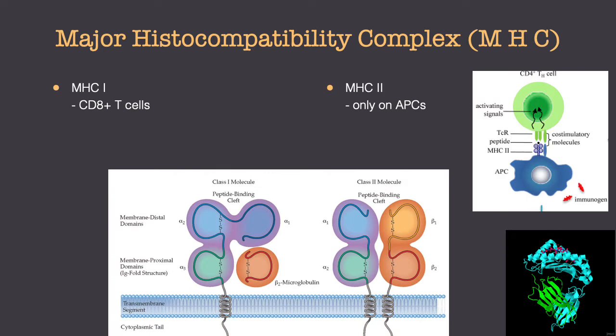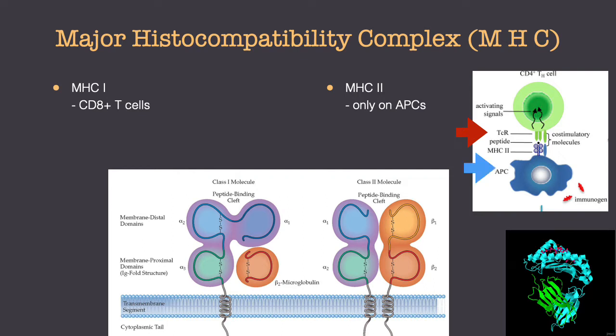Major histocompatibility complexes are molecules that serve as peptide displays on antigen-presenting cells for T cell recognition, either of foreign or self-proteins. MHCs allow antigens to be recognized by T cell receptors, or TCRs of lymphocytes, when presented to them by APCs.